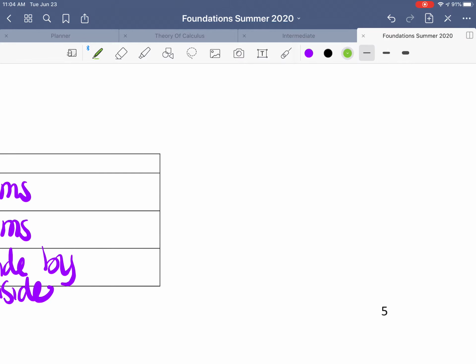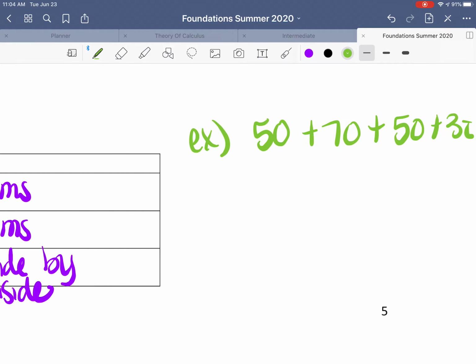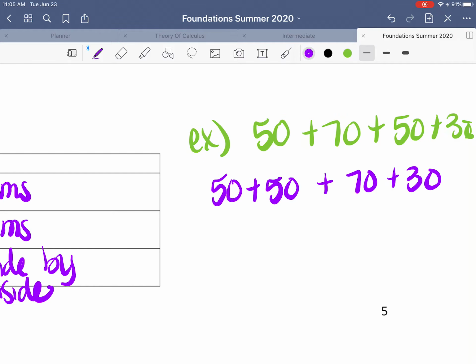I want to show you just a quick example. Let's say I have something simple. If I have 50 plus 70 plus 50 plus 30, and I'm wanting to add those numbers together. In your mind, you might see automatically that I have 50s here, and I have the 70 and 30 here. You might see that. So you're actually using the commutative property when you reorder your numbers.